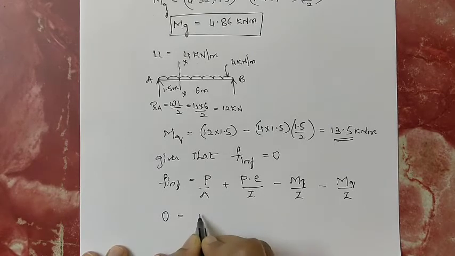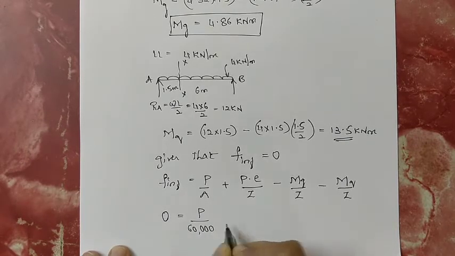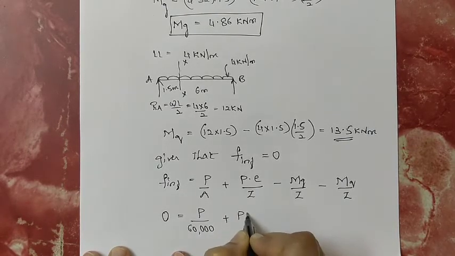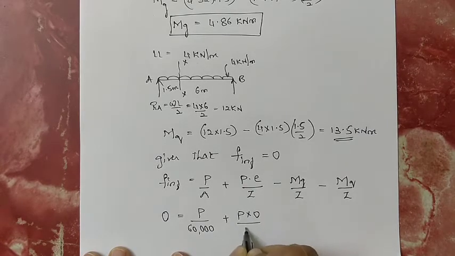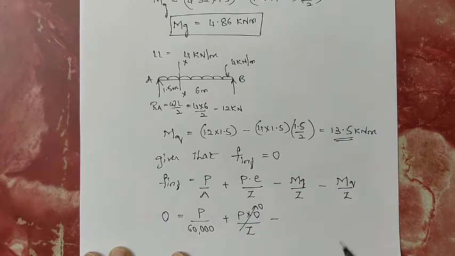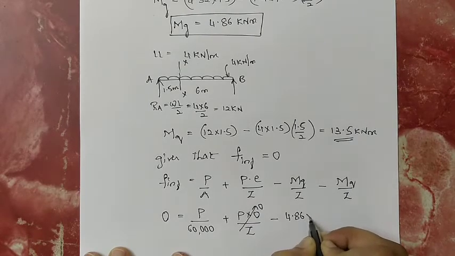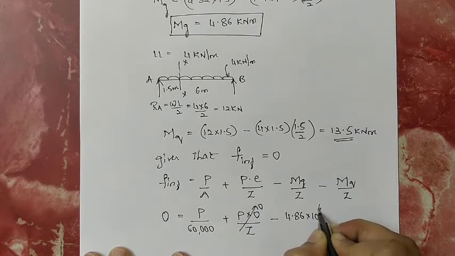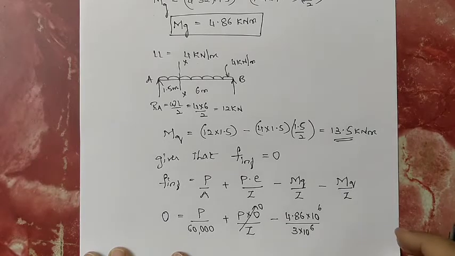Then the P value you need to calculate. P divided by area, you will be knowing, that is 60,000, plus P you need to calculate. Eccentricity value for concentric pre-stressing is 0 divided by Z. Then this term will become 0, minus Mg value, that is 4.86 into 10 to the power of 6, in Newton mm, divided by ZT or ZB, both are same, 3 into 10 to the power of 6.